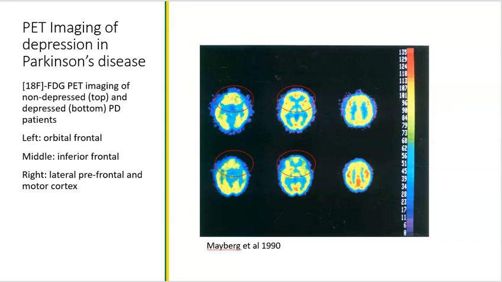What you can really see is that decrease in activity, or that decrease in the glucose absorption in the Parkinson's depressed patients on the bottom compared to the patient on top. So you see less of that bright yellow red in those frontal lobe areas.